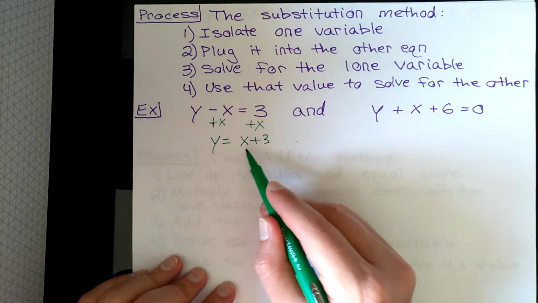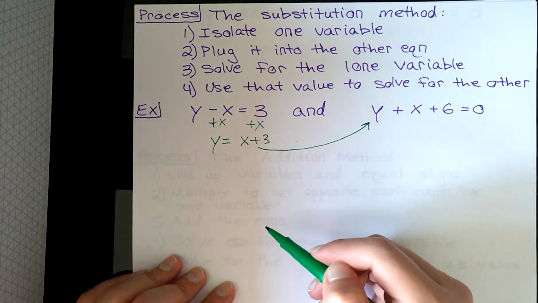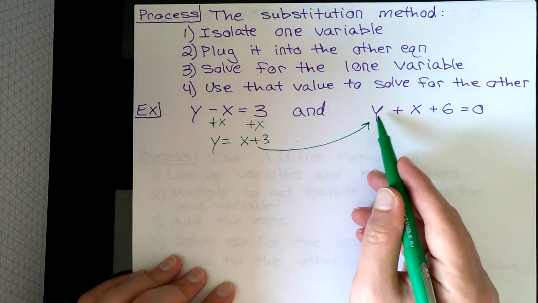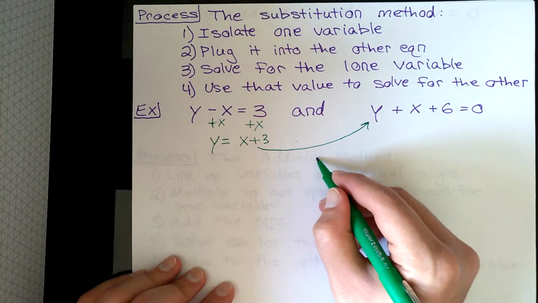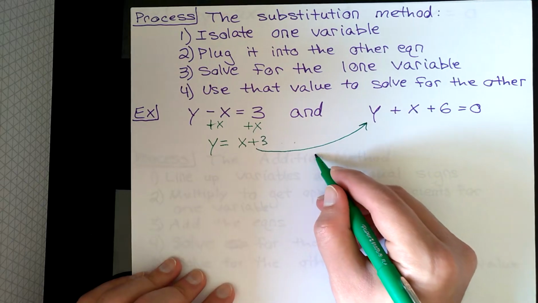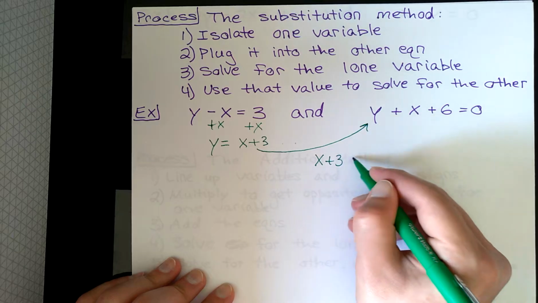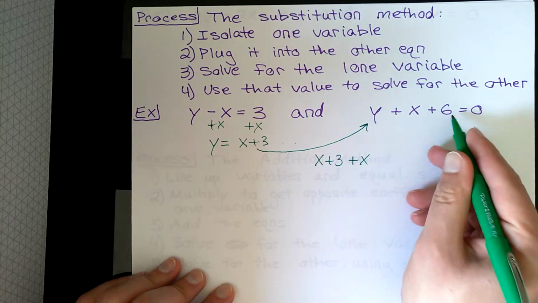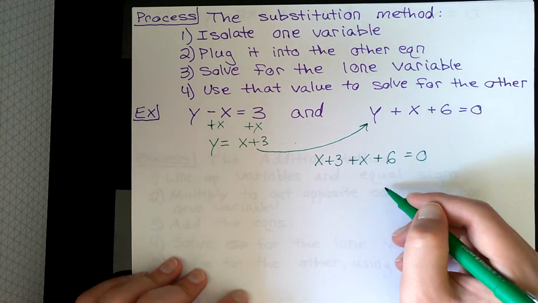We now take y equals x plus 3 and plug x plus 3 into this y value, which gives us x plus 3 for y, plus x plus 6 equals 0.